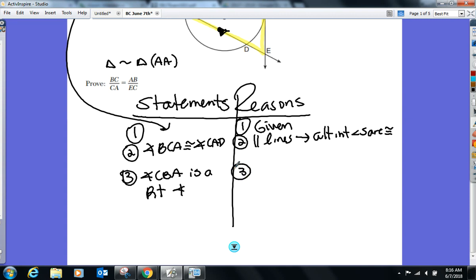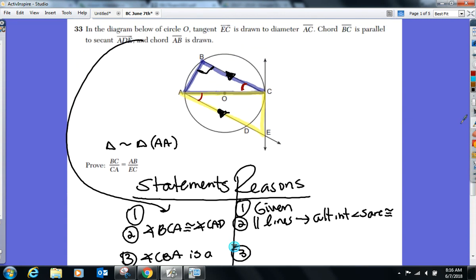Anybody know why it's a right angle? Hi, Evan. Okay, first, hold on. I'm sorry to stop you, but you got to say that. You can't say an angle. You got to say it's an inscribed angle. And what do you know about that inscribed angle, Evan? Go ahead, continue. Drawn to a diameter.